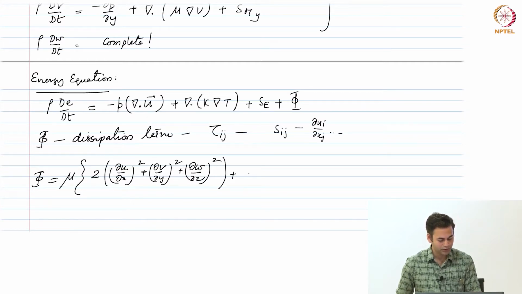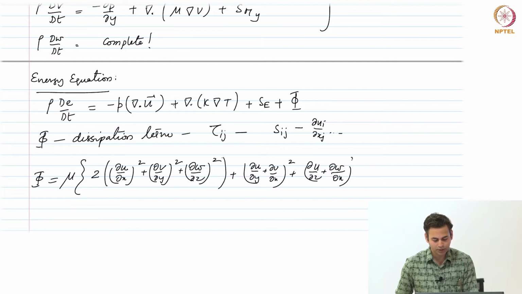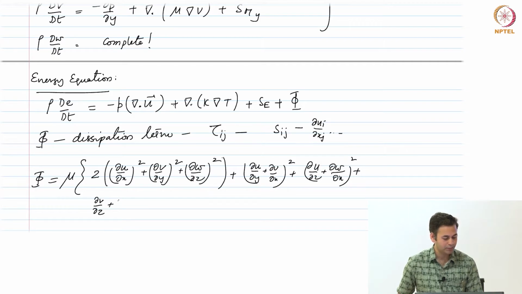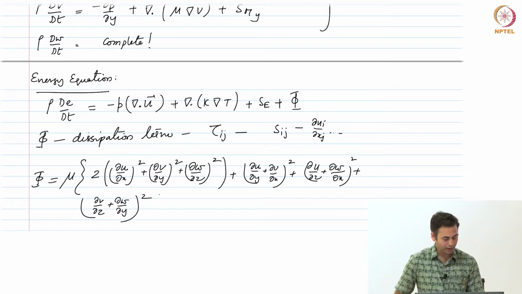Plus you would see (partial u by partial y plus partial v partial x) square plus (partial u partial z plus partial w partial x) square plus you would see (partial v partial z plus partial w partial y) square, okay, plus lambda times (del dot u bar) whole square, okay.